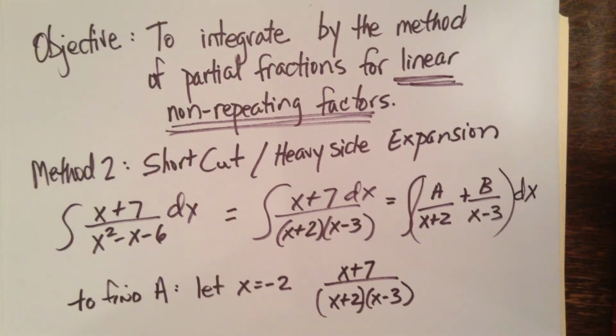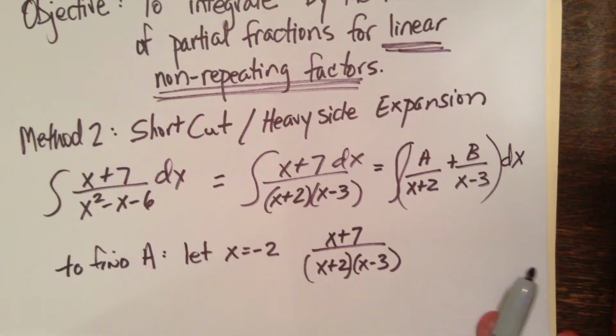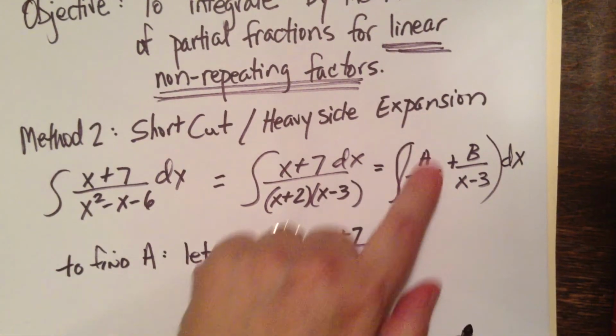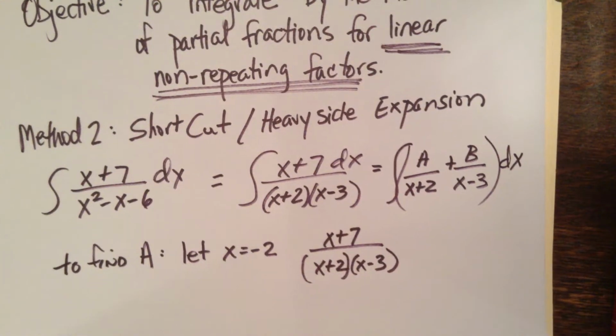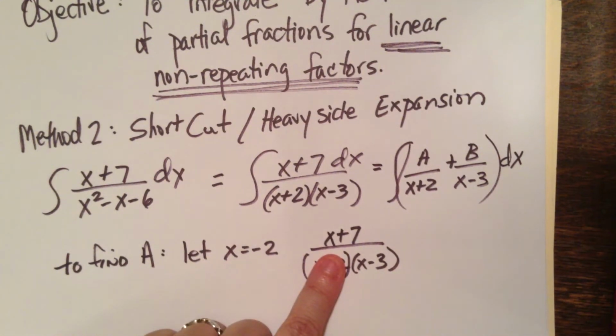But this is why I sometimes call this shortcut method the cover-up method. Because what I'm going to do is, you have to watch this now. I'm going to take my finger and I'm going to cover up the factor that's below the letter A. So that factor has the x plus 2 in it.